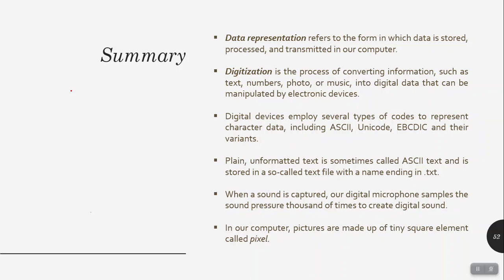Plain unformatted text is sometimes called ASCII text and is stored in a so-called text file with a name ending in .txt. When a sound is captured, our digital microphone samples the sound pressure thousands of times to create digital sound. And in our computer, pictures are made up of tiny square elements called pixels.